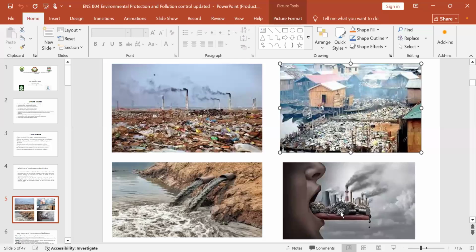So this is an example of how waste can find its way into the human system, either by inhaling or by ingestion, because the waste that is here can be taken up by fishes, it can be taken up by other organisms, and somehow you get to ingest it.